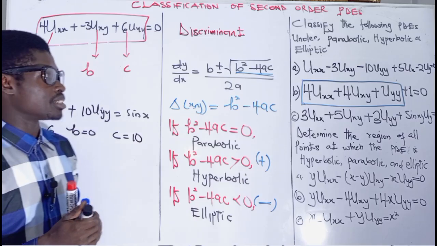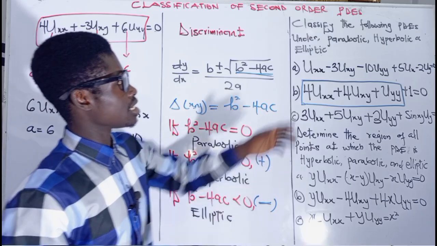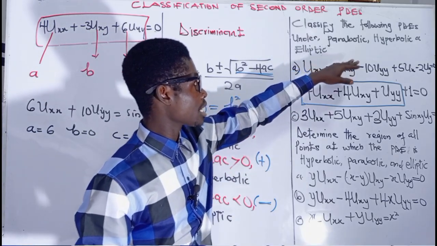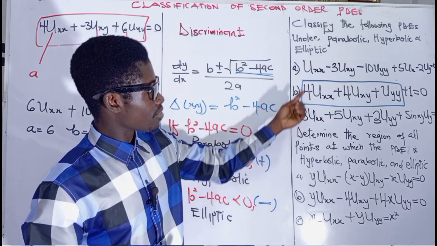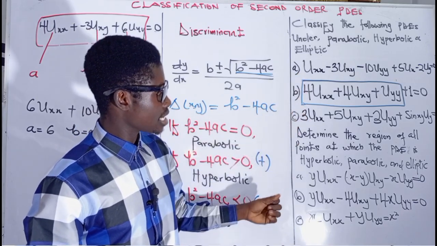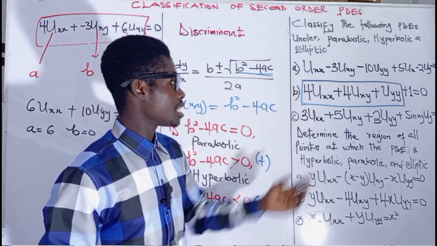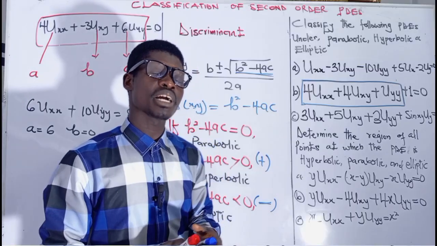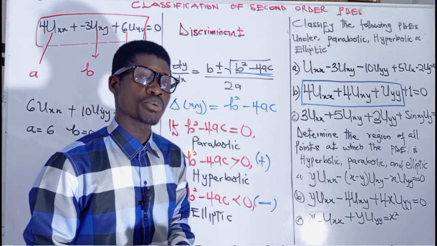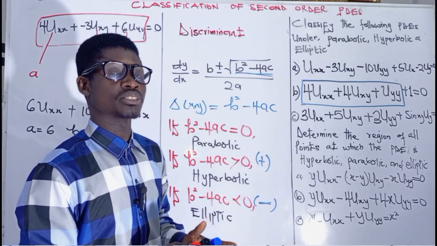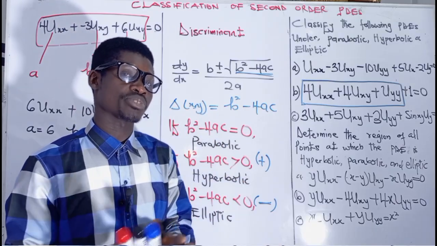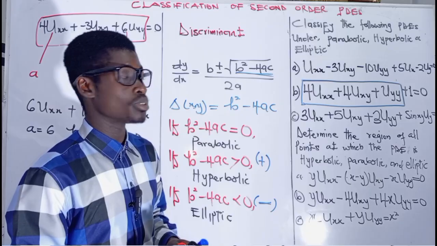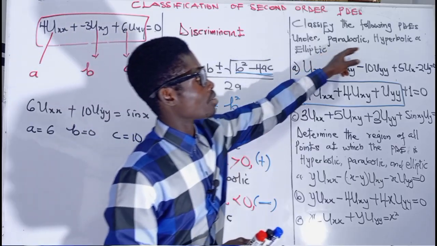So now that we know all of this, we want to classify the following PDEs under parabolic, hyperbolic, and elliptic. We have the first part A, B, and C, and then another second part. Let me explain this before we start. If you have a differential equation in which the coefficients of the principal part are all constant real numbers, then surely we are going to have one of these.